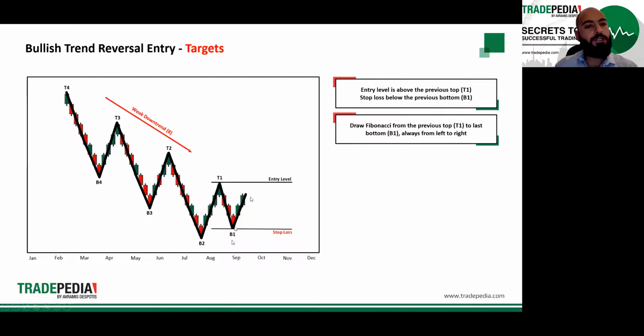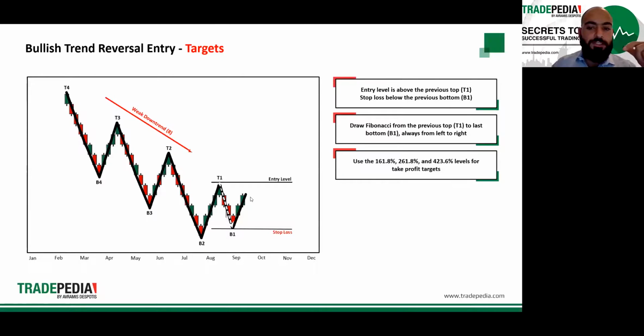Everything we draw on a chart must be drawn from left to right. So I will draw Fibonacci downward from left to right, from T1 to B1. I will extend this wave down. I will extend the wave by 161.8%, 261.8%, and 423.6%.